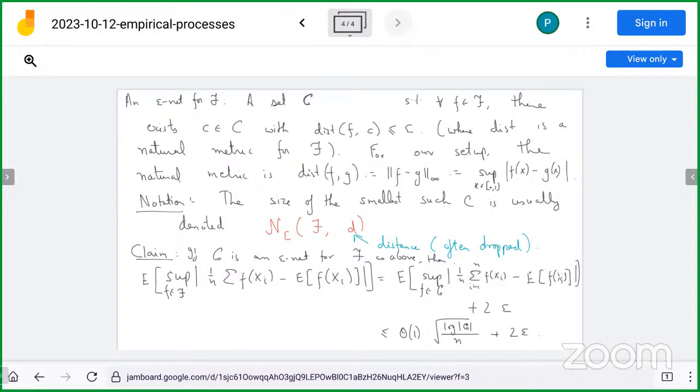Take any f here, there is some element of the net which is at most 2 epsilon away. So any element here is at most this plus 2 epsilon, and therefore the supremum is also less than that. Then we take expectation of both, and this we already solved where it is finite.